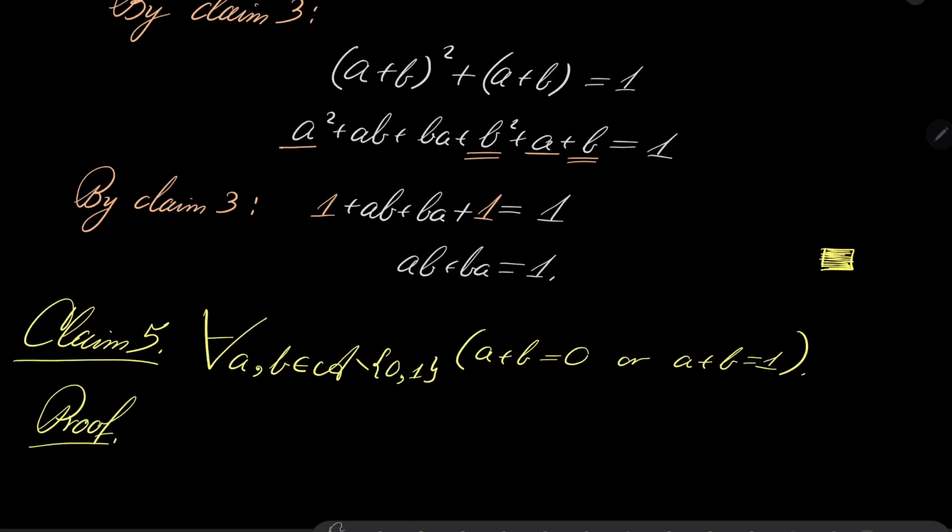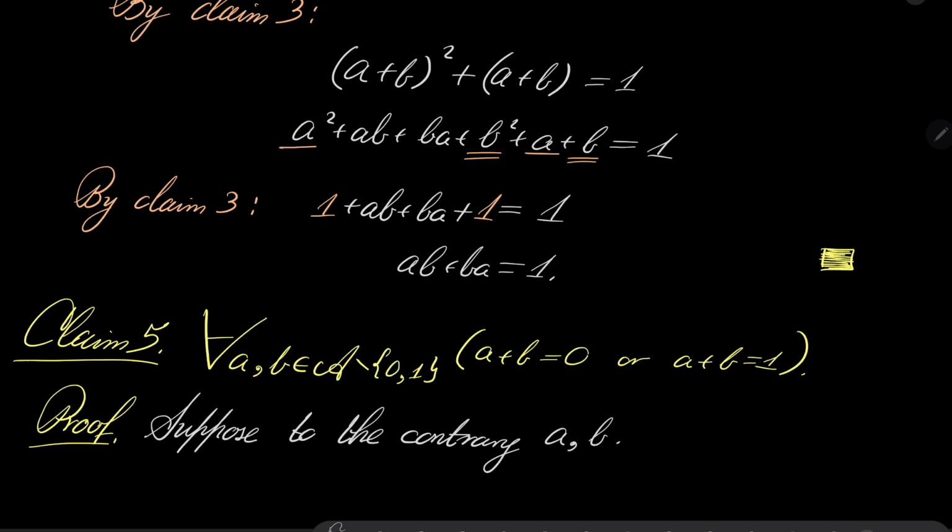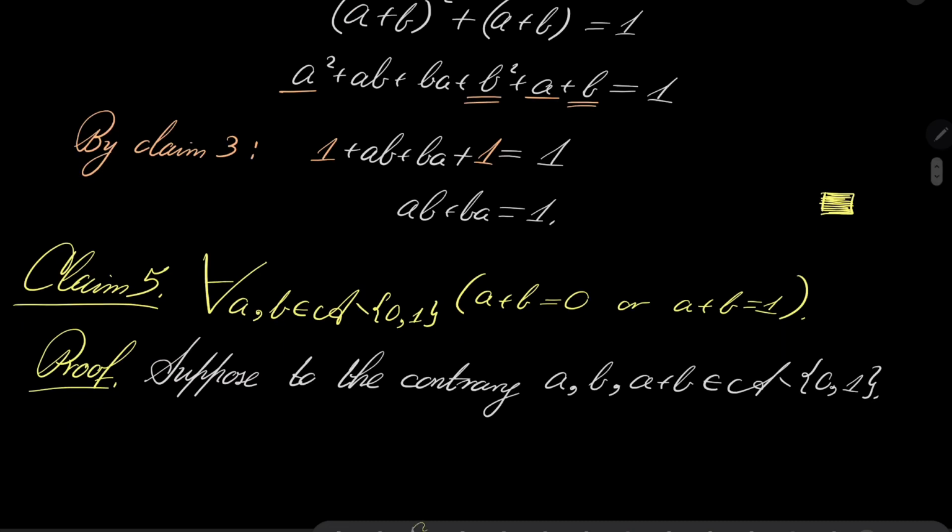Let's suppose to the contrary that A, B, and A plus B are in our ring, but are not 0 and are not 1. By claim number 4, it must be the case that AB plus BA equals 1.